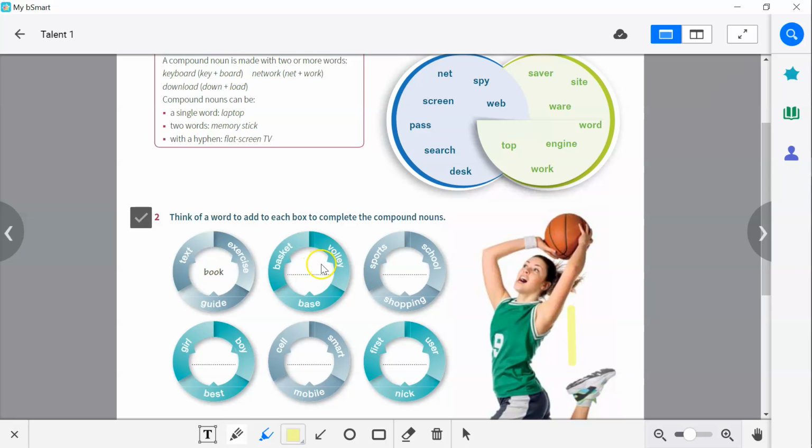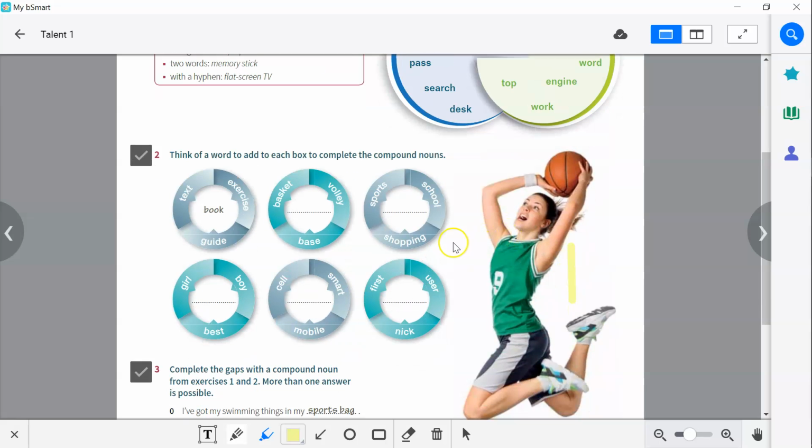Now find out the other words which are useful to complete these words, to make other three words. I give you 1 or 2 minutes. When I give you the time, you stop the video, you do the exercise, and then you check if you were right or wrong.